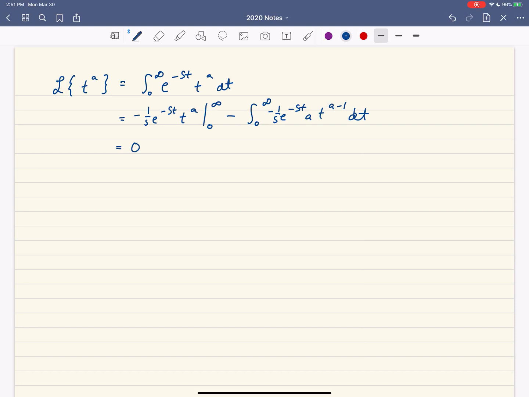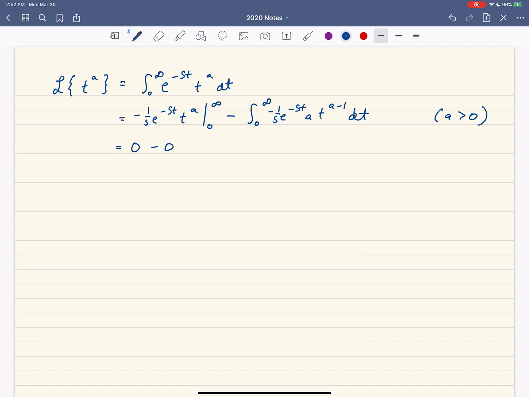And as t goes to 0, we need to be a little bit careful here, but as t goes to 0, that e to the negative st is going to be a constant, and so t to the a is going to be 0, unless a itself is 0. So this is going to be minus 0. So for now let's say that a is positive. If a is 0, we know how to do those anyways. So this is really going to be most useful when a is positive.